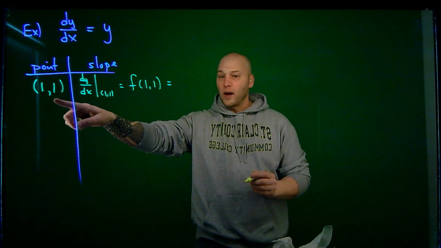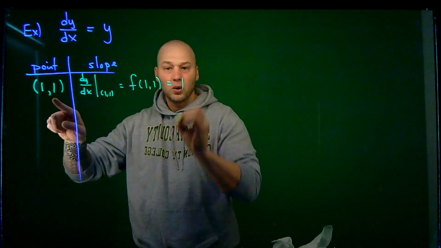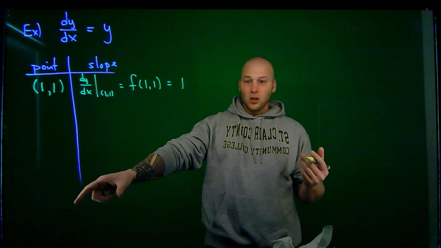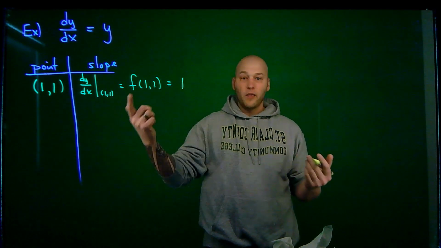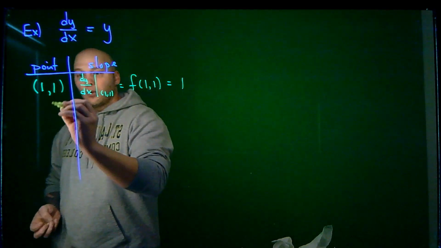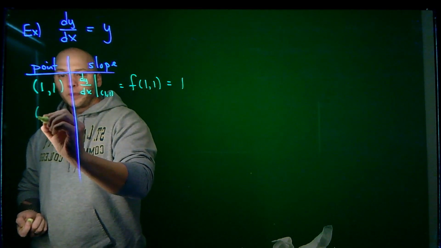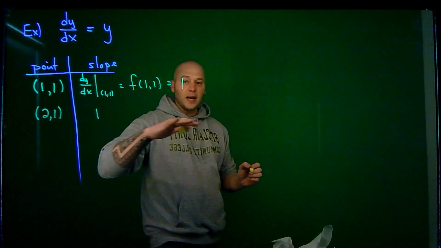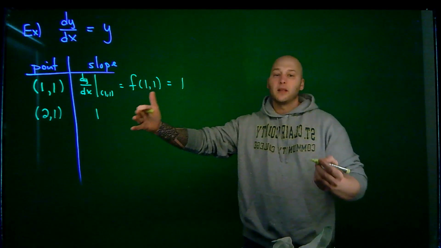It's just going to be the y value of the coordinate, which of course is 1. Therefore, we can see a really quick way to generate these slopes. Whatever the point is, I just pick off the y coordinate. Right? So over 1, up 1, the slope is 1. Over 2, up 1, the slope is 1. So anything where the y value is 1, again, the slope is 1.